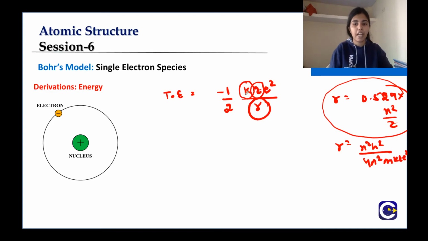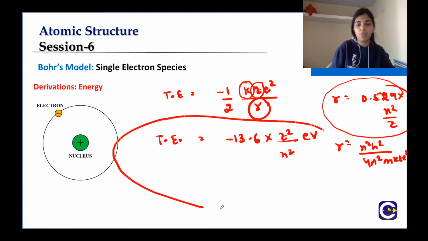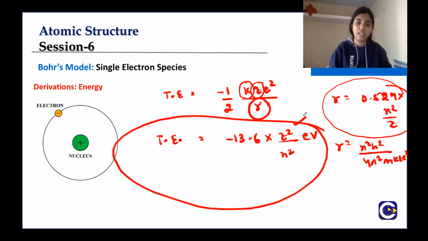You can also put that here, right? So the final formula for total energy becomes equal to minus 13.6 into Z square by n square electron volt. Remember, this is in electron volt, right? So this is the final formula for total energy.